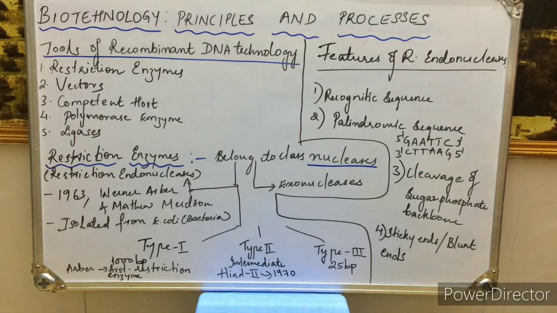Similarly, DNA sequences are also palindromic in nature. Whether you read from 5' to 3' end or from 3' to 5' end, keeping the orientation of reading the same, they are known as palindromic sequences.